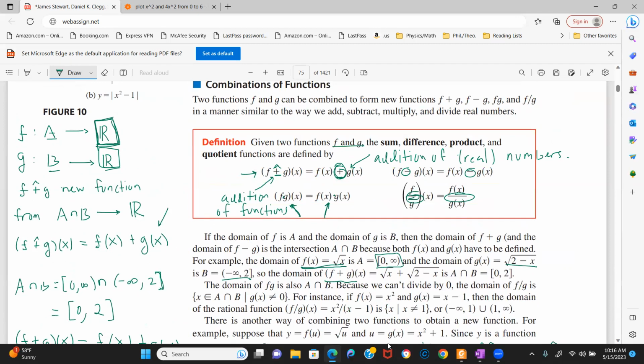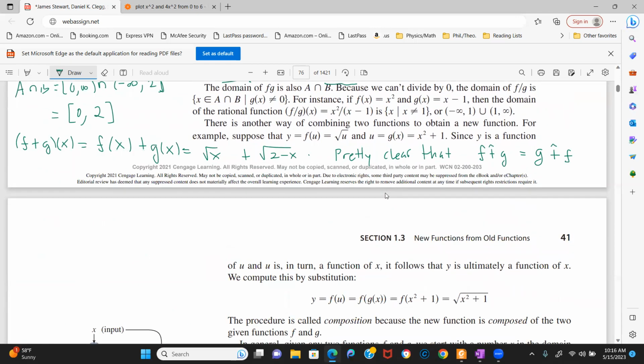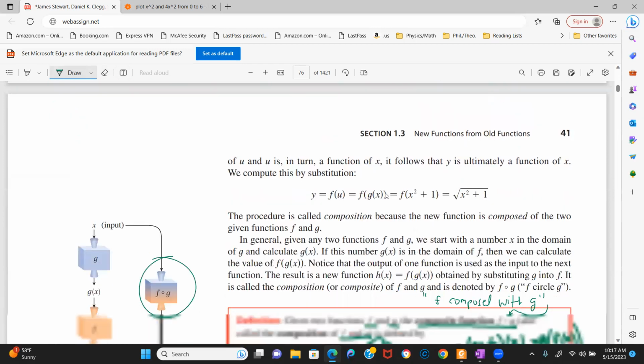Division and subtraction are generally not commutative operations, but addition and multiplication are. It might seem super obvious, but it is not. It's still something you have to prove. We know addition and multiplication of numbers is commutative, but you still have to prove that function addition and function multiplication is commutative. It's a one-liner, and I'm not even going to go through it. It's really trivial to prove, but there is something to prove still.